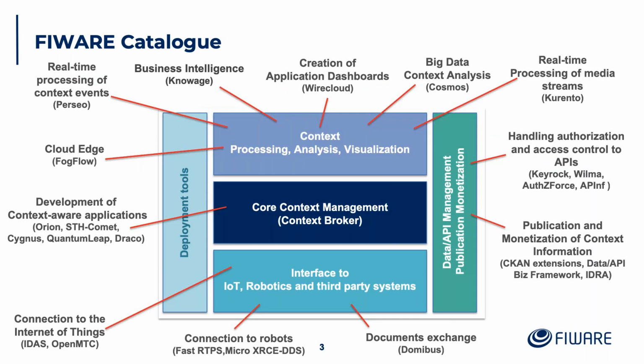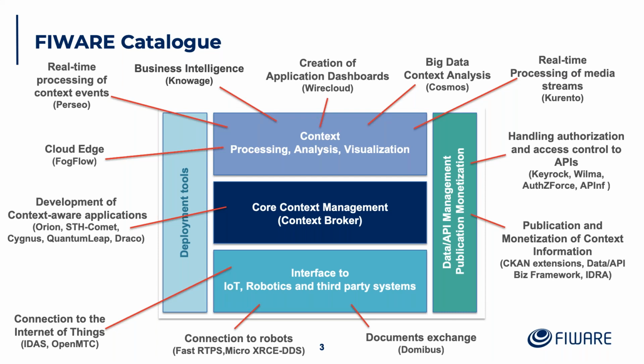Just as a reminder, the FIWARE catalog consists of 5 main chapters. Core context is the one in the middle. That is what FIWARE is all about, mainly interaction through the Orion Context Broker.